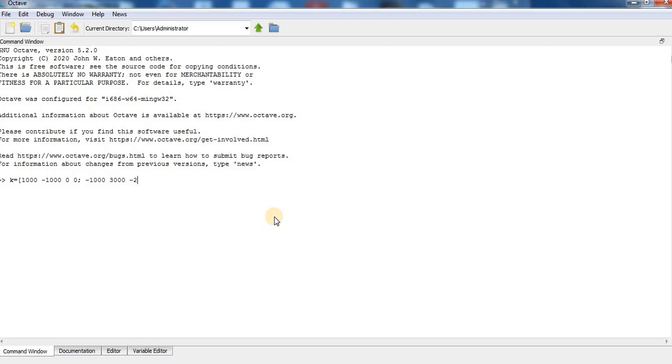So here minus 2000 and then 0. Second row over, and in the third row 0, minus 2000 and then 5000, then minus 3000, then 0, and the fourth row 0 0 minus 2000, 3000.